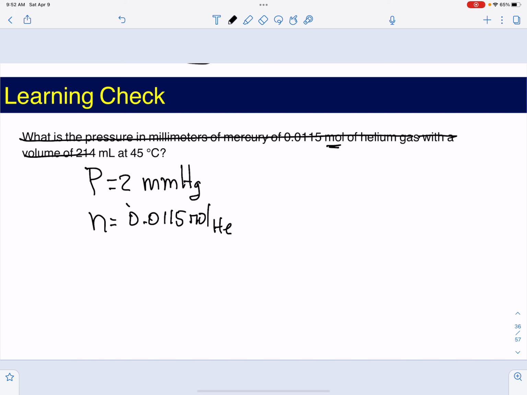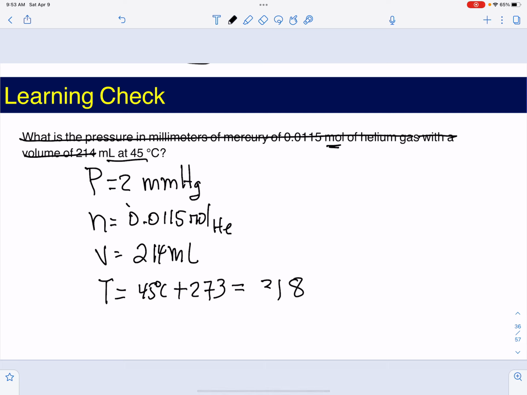And we have a volume of 214 milliliters and a temperature of 45 degrees Celsius. Like any other gas law, it has to be Kelvin. So we're gonna change it to Kelvin, and that's gonna be 318 Kelvin.